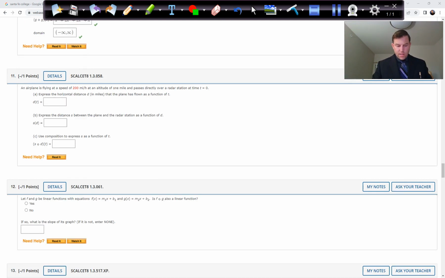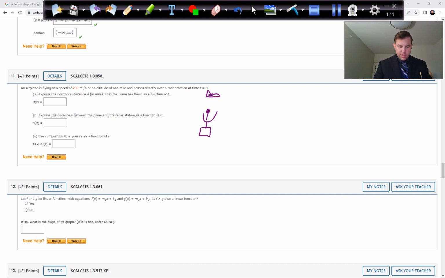Okay, 11 is a word problem where a drawing would be good. So we have an airplane flying at a speed of 200 miles per hour at an altitude of 1 mile and passes directly over a radar station at time t equals 0. So we got a radar station down here, and the plane is right above it at time 0.